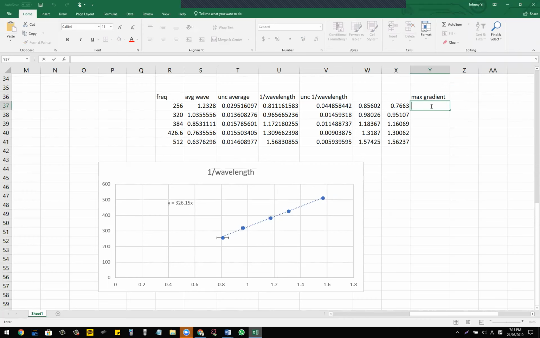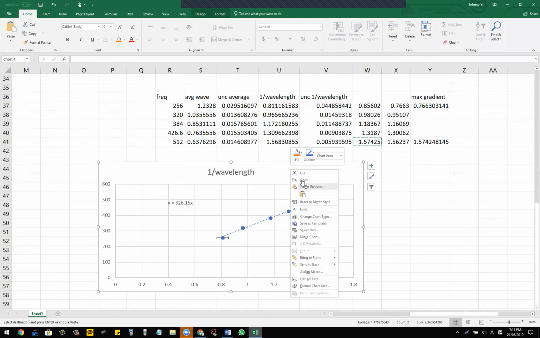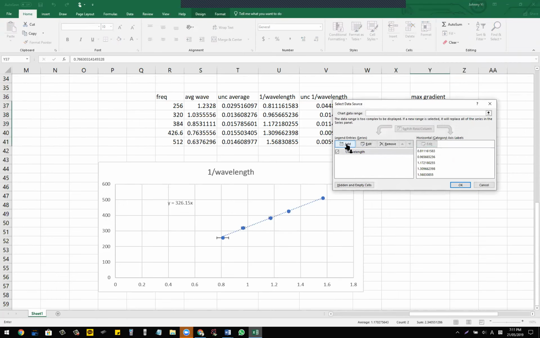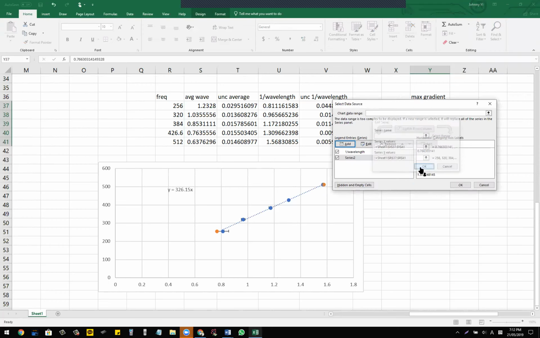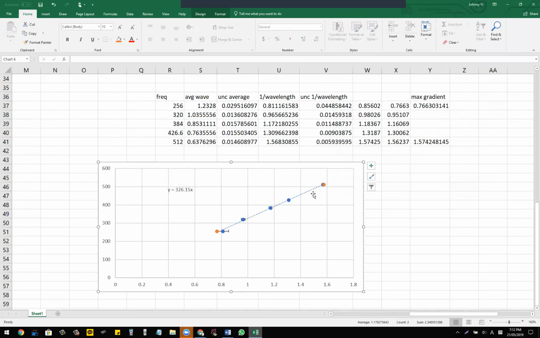And I'm going to do, for maximum gradient, I think I need to do this one, with this one, which is this one here. And I choose this one here and this one here. So take a look at this, select data, add, X value is just those two. Y value is these two. Done. Then I get this to this, right?